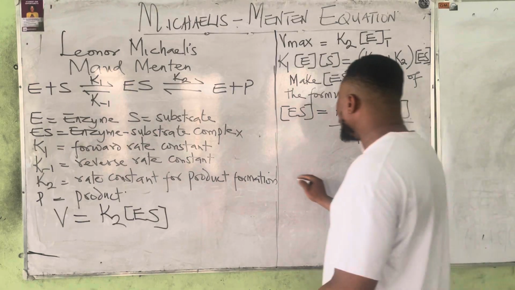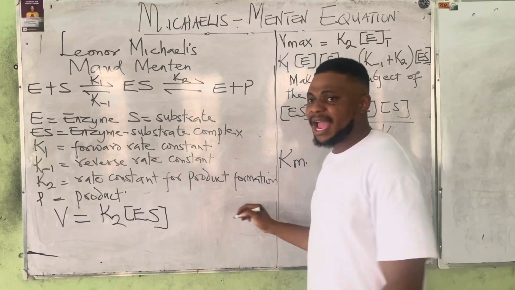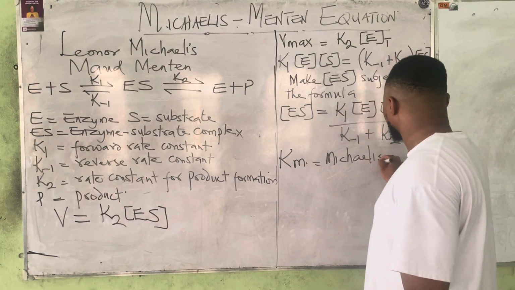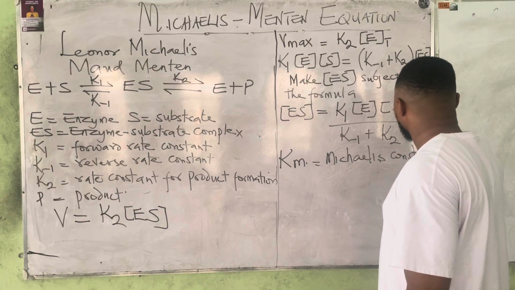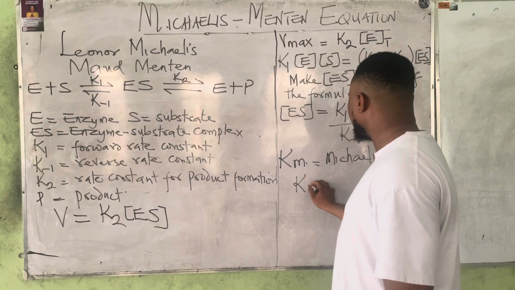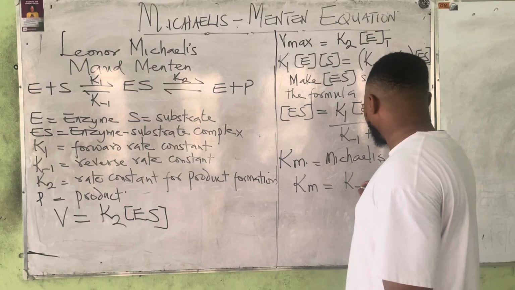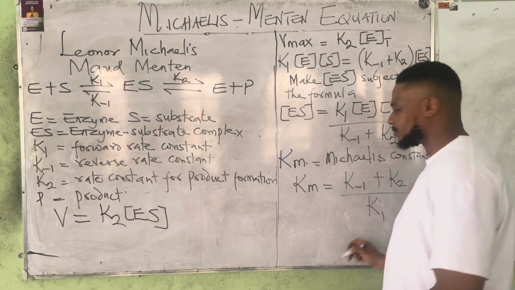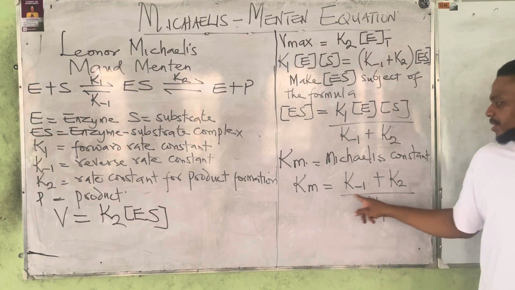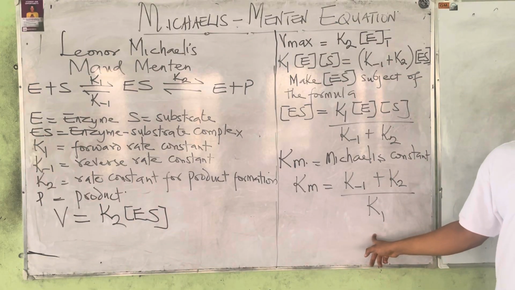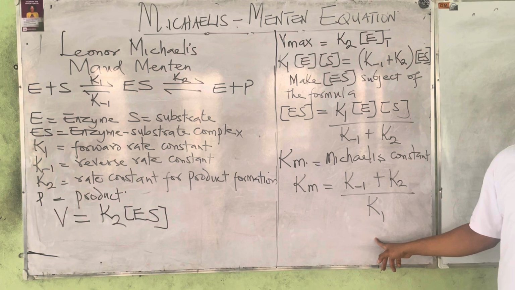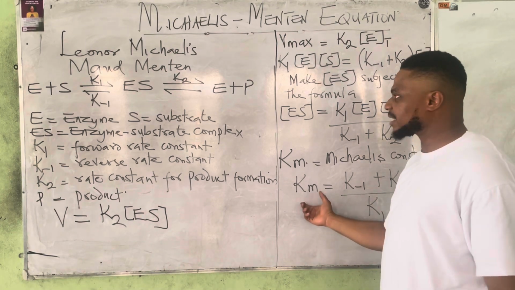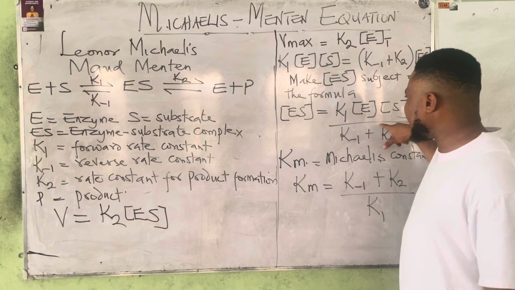Then there's what we call Km. Km is called the Michaelis constant, and Km is equal to K minus 1 plus K2 divided by K1. So what we have to do now is substitute our Km here.